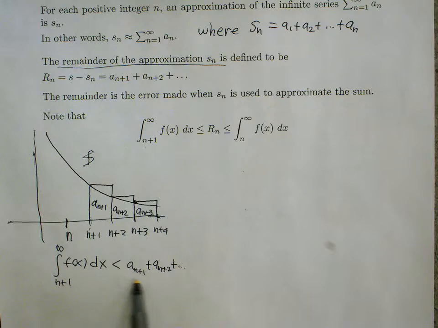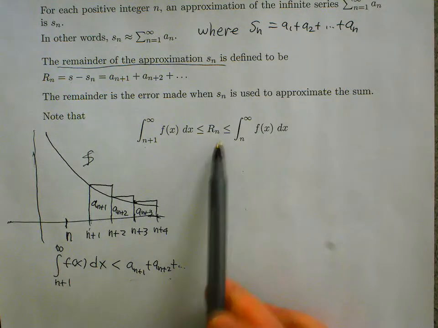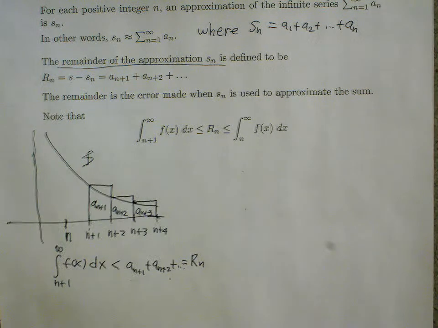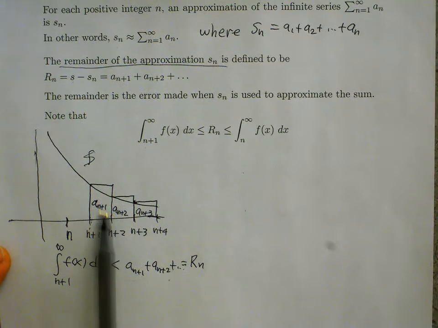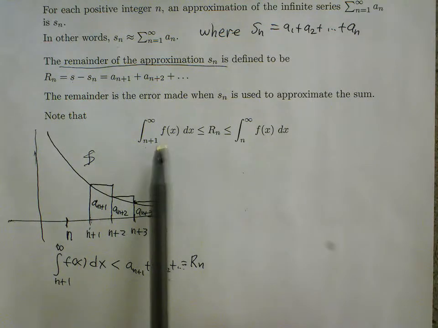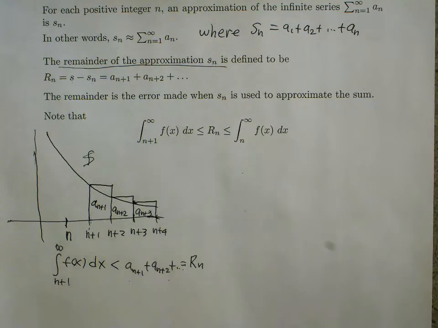But a sub n plus 1 plus a sub n plus 2 and so on is what r sub n is. So this argues pictorially why this inequality holds on the left.